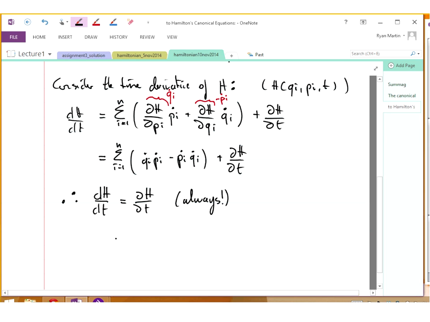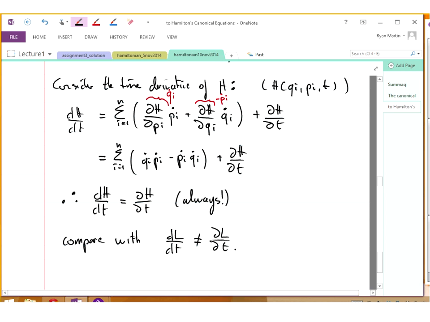I compare that with the fact that dL/dt is not equal to ∂L/∂t. The total time derivative of L with respect to time is not the partial derivative.